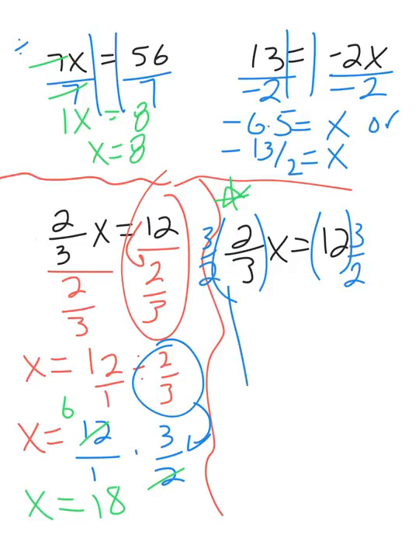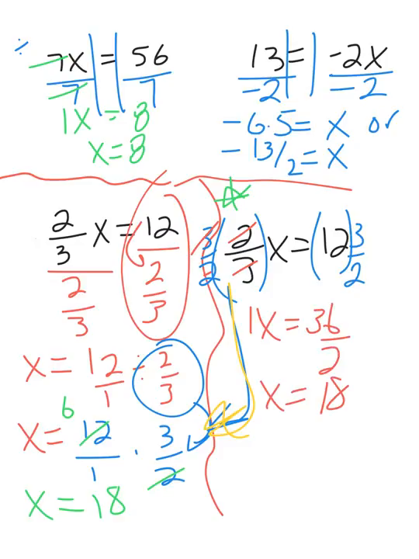I'm basically going all the way down to this step. And then go ahead and see what happens here. 3 divided by 3 is 1, 2 divided by 2 is 1. If the cross-canceling is hard, 3 times 2 is 6, 2 times 3 is 6, which gives you 1x. 36 over 2 is 18.